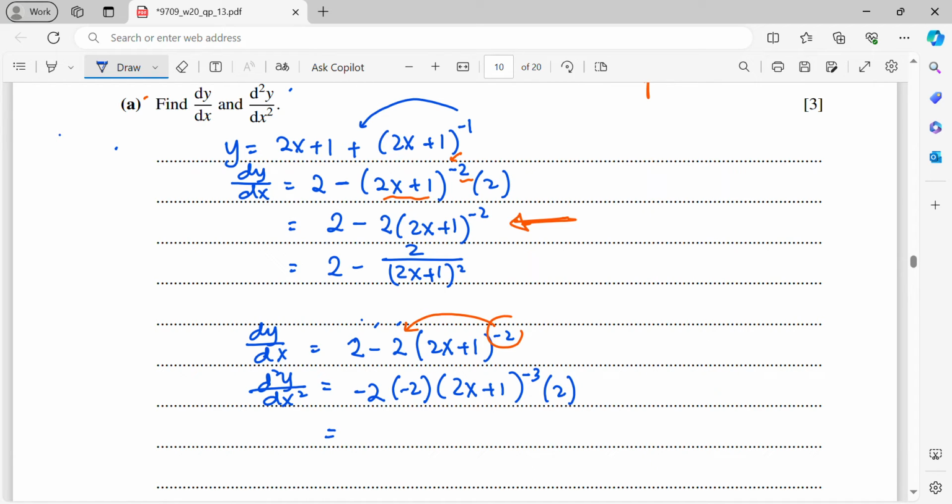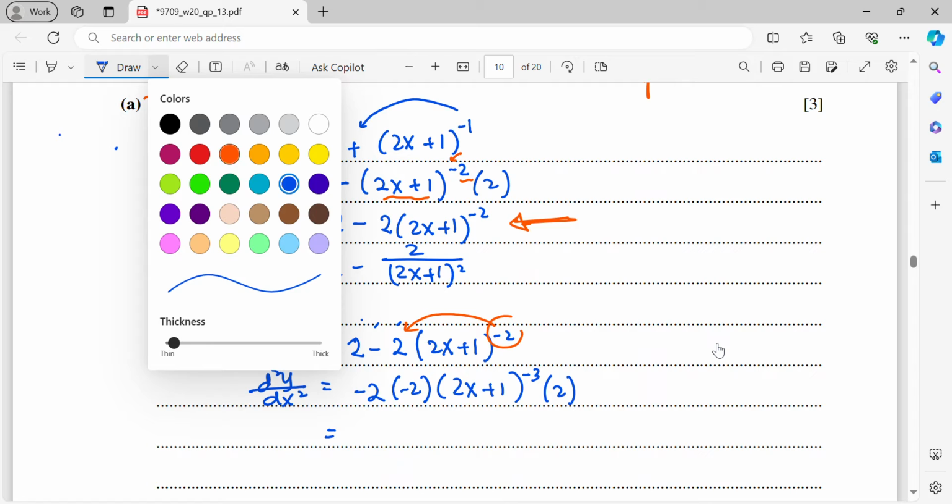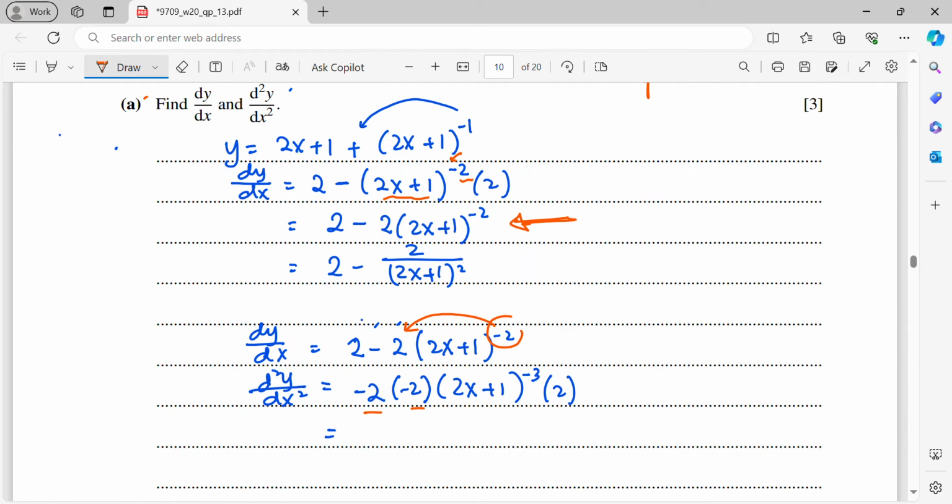So then from here, I just need to simplify. Minus 2 times minus 2 is 4. 4 times 2, 8. And this is negative degree. So I'm going to move down the bracket with the degree of 3. So here at last, I will get 8 over 2x plus 1 cubed. This is my second derivative.